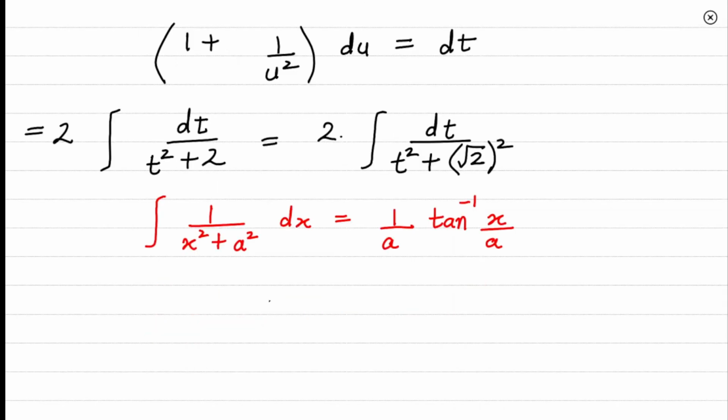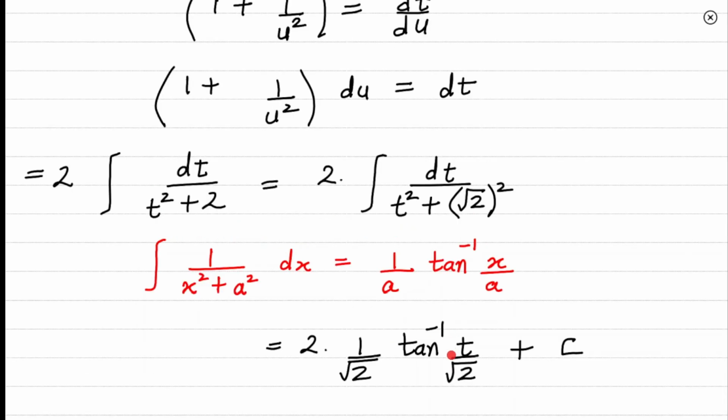So we have equals 2 times 1 over a. A is here root 2. So we have 1 divided by root 2 tan inverse of x over a. So here we'll have t divided by root 2 plus, let's add the constant of integration c. We'll now have to convert that integral from the t world to the x world. But before that, let's convert it into the u world.